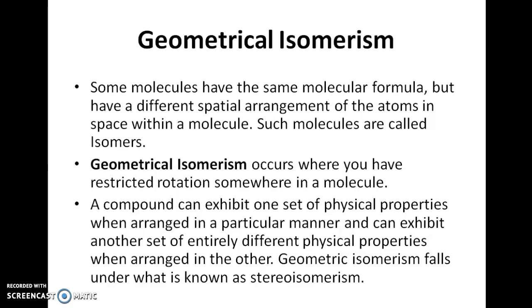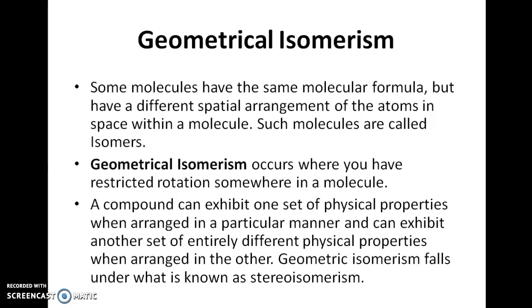Geometrical isomers occur when we have restricted rotation somewhere in the molecule. A compound can exhibit one set of physical properties when arranged in a particular manner and an entirely different set of physical properties when arranged in the other. We can observe such a thing in geometrical isomerism, which falls under stereoisomerism.